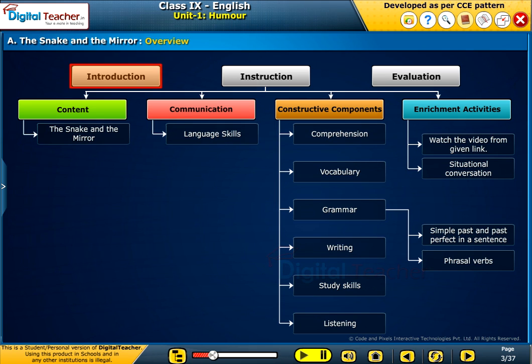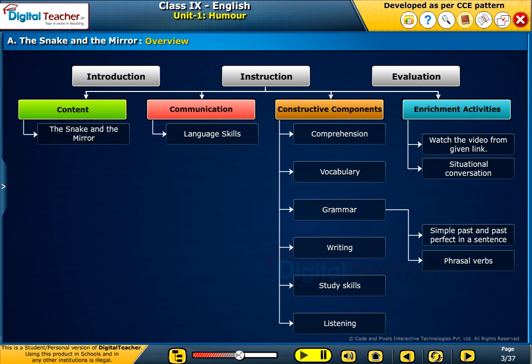The introduction section is meant to motivate the student to learn the lesson. The instruction section divides the contents of the lesson into 4 subsections. They are Content, Communication, Constructive Components, and Enrichment Activities.